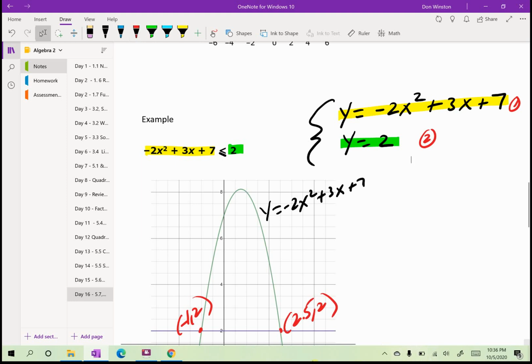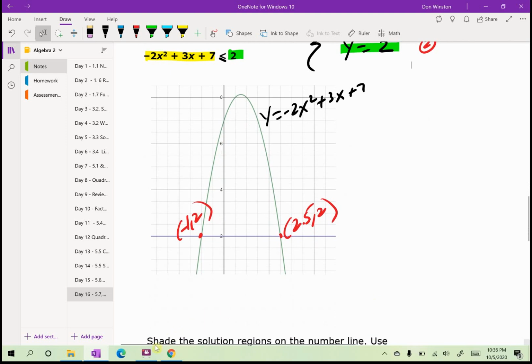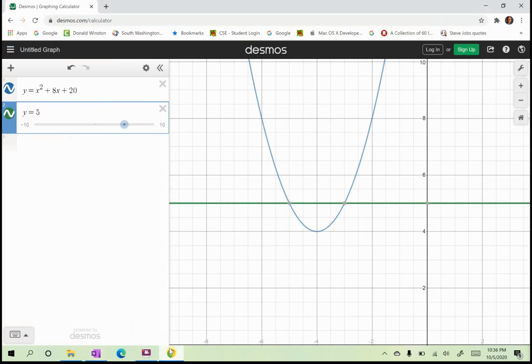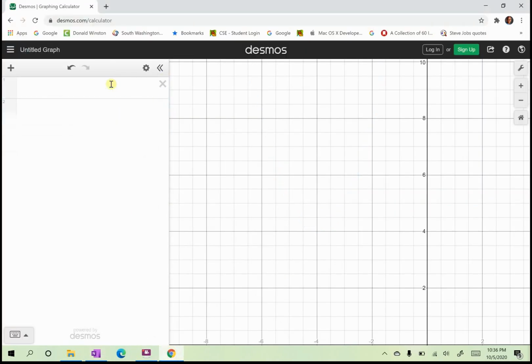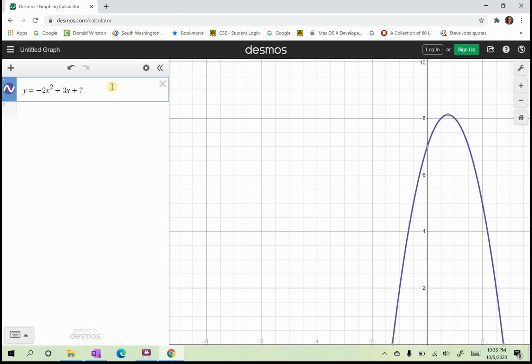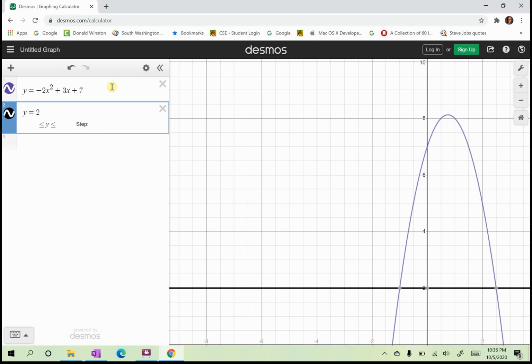I went out and graphed it like I did before, and I got the coordinate points (-1, 2) and (2.5, 2). So y equals -2x squared plus 3x plus 7, and then y equals 2. That's the picture I got.